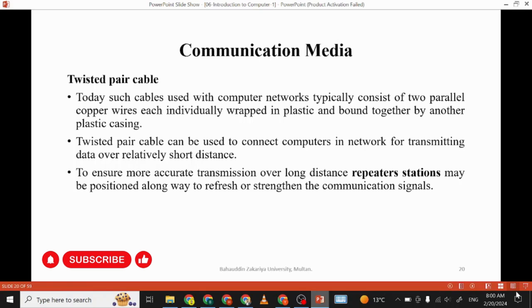Twisted pair cable can be used to connect computers in a network for transmitting data over relatively short distances. To ensure more accurate transmission over long distances, repeater stations may be positioned along the way to refresh or strengthen the communication signal.